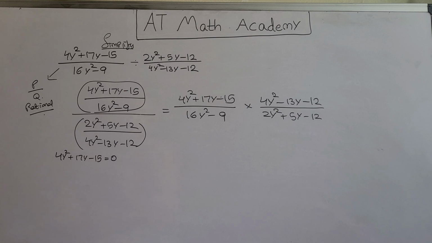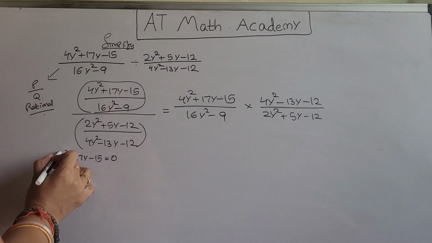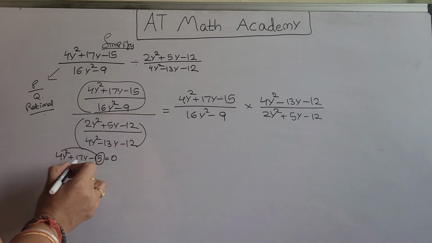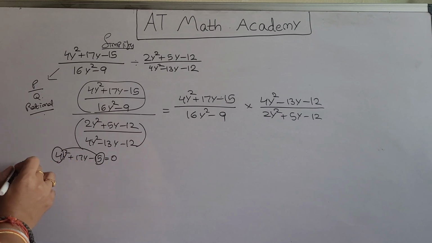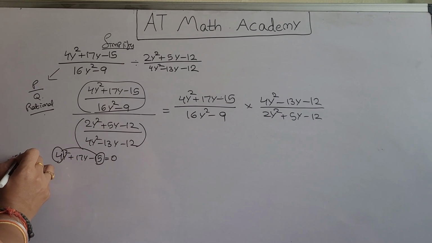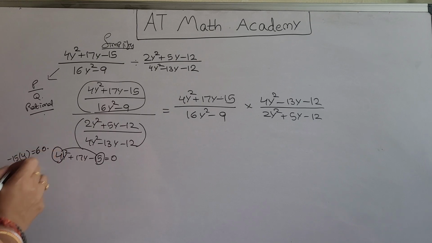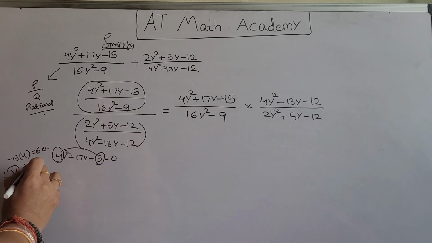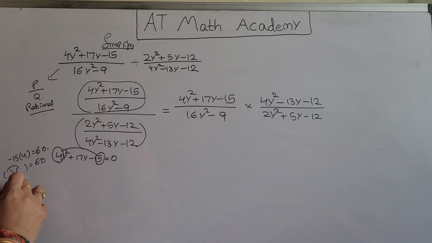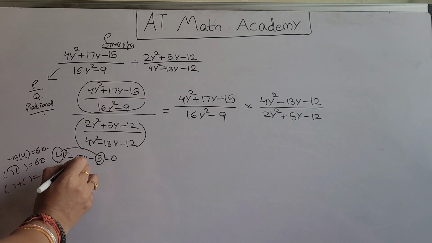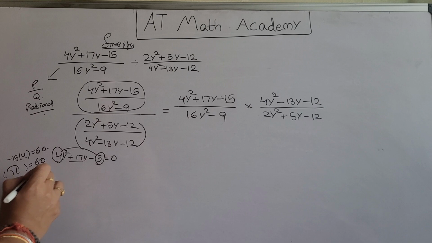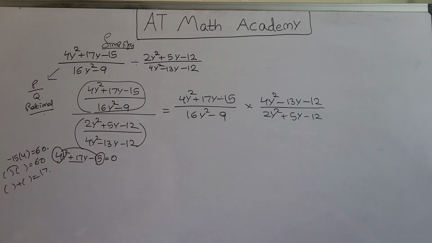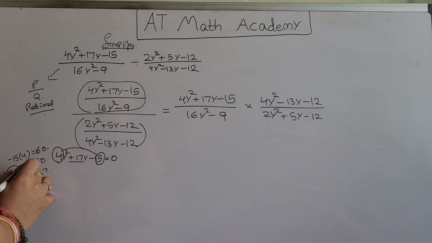When you multiply this constant with this coefficient, minus 15 times 4 is minus 60, and I need to find two numbers such that when you multiply them I get 60, and when I add them I get 17. Those two numbers can be 20 and 3.